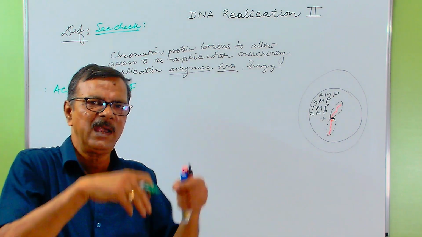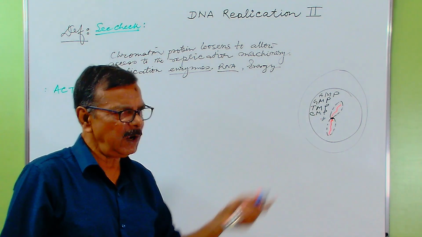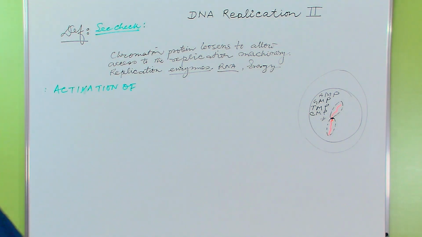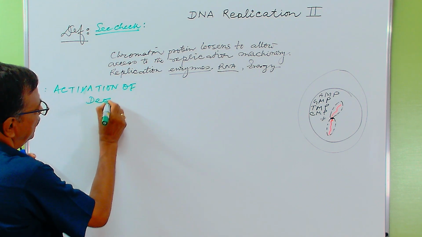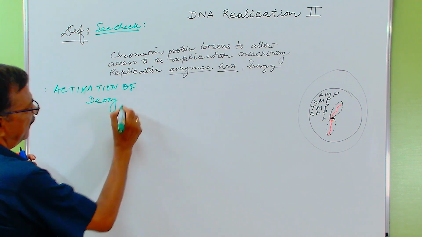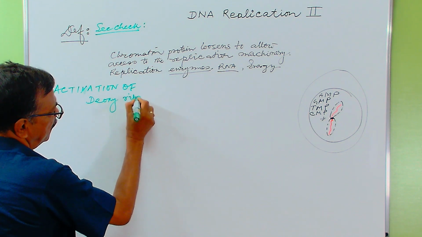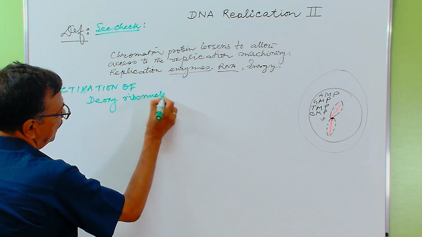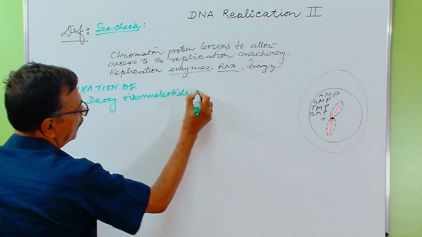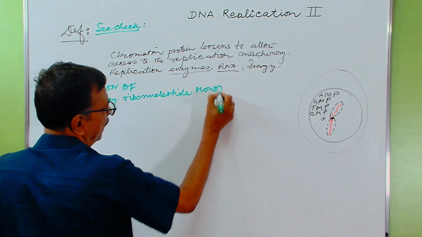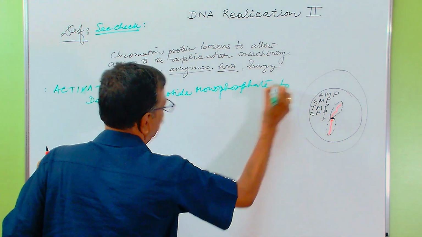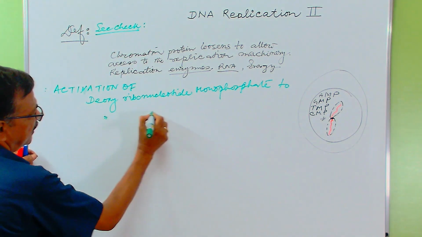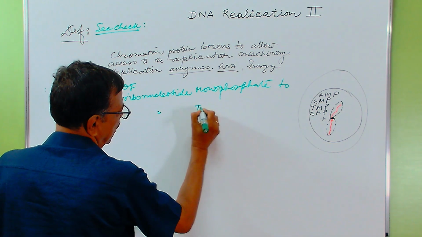Adenosine is the particular name, a proper noun; these are called deoxyribonucleotide monophosphates. So activation of deoxyribonucleotide monophosphate to deoxyribonucleotide triphosphate.